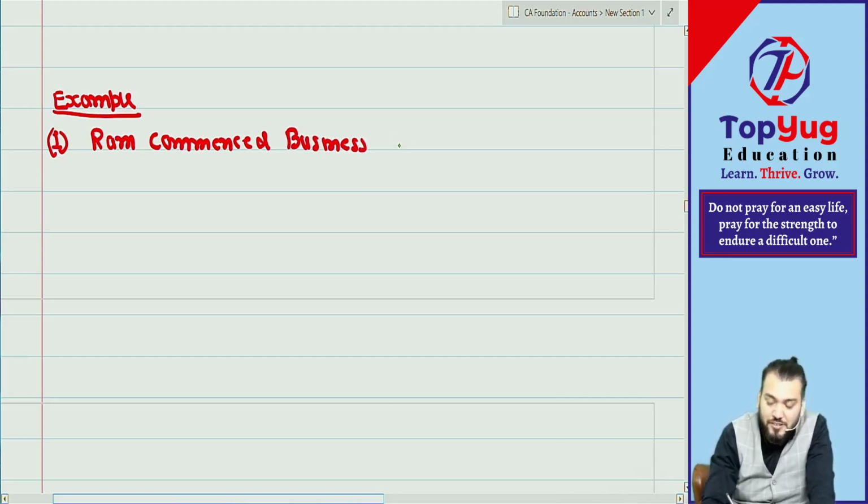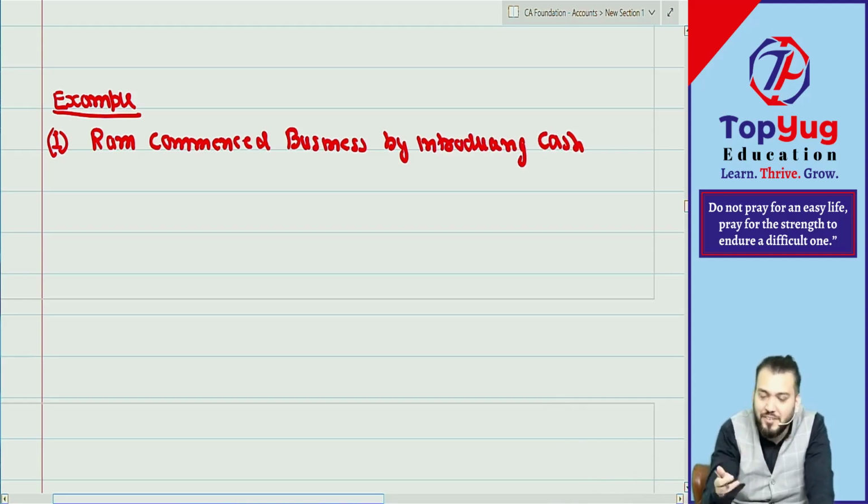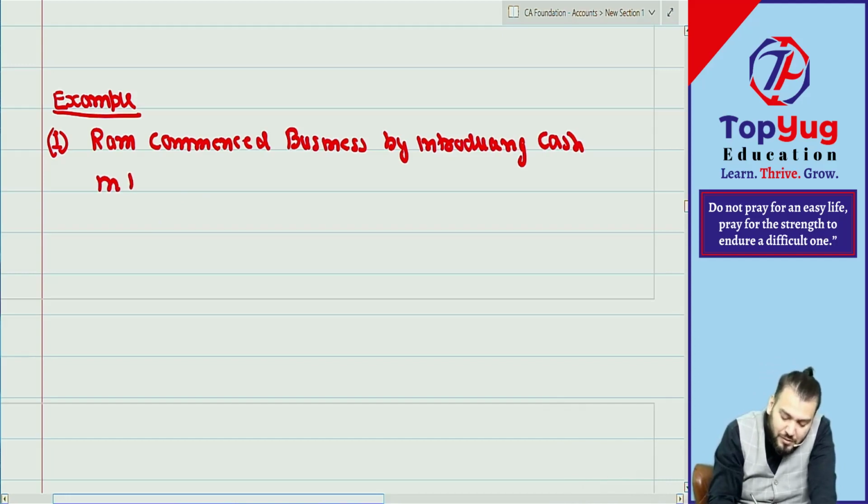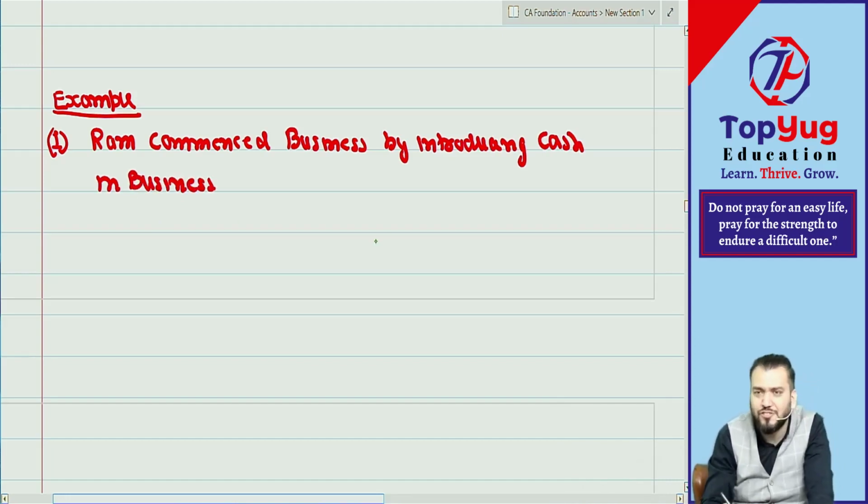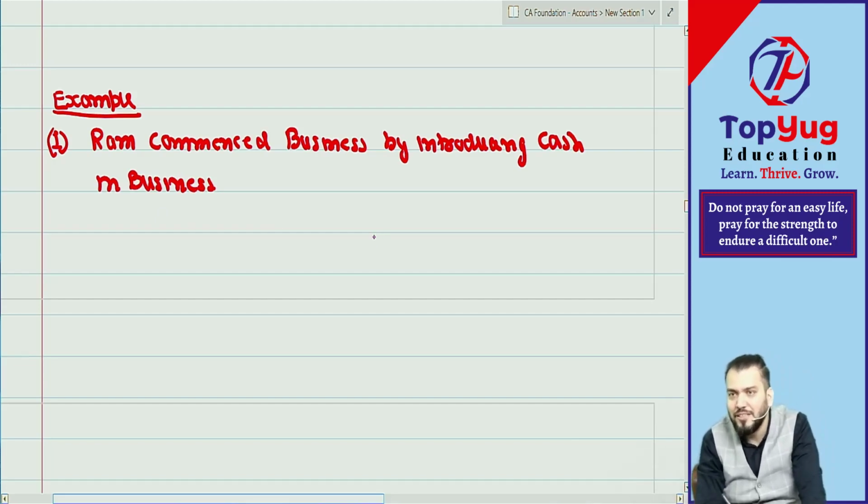By introducing cash in the business. Right now I'm not giving an amount. Of course some amount will be there, because it should be expressed in terms of money value. Suppose cash of rupees 10,000. Right now we are ignoring the amount.